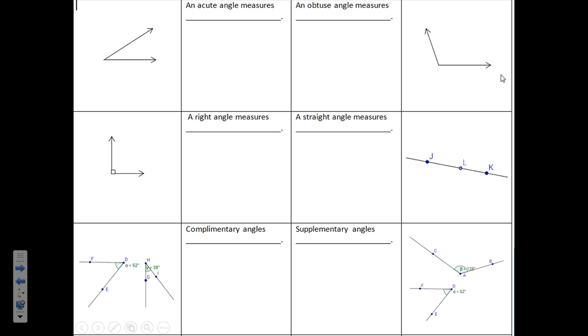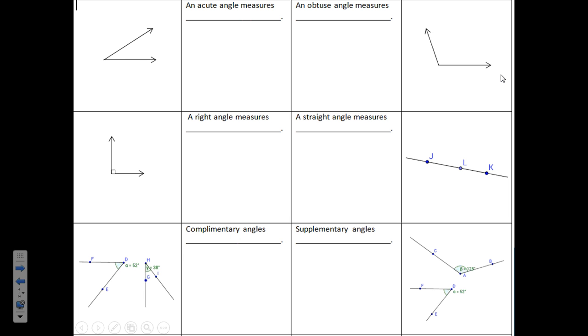Okay? All right, so notice that we have a figure down here that shows you two complementary angles. The first one, we can call it angle D because there's only one angle at that vertex. Angle D has a measure of 52 degrees, and angle H has a measure of 38 degrees.